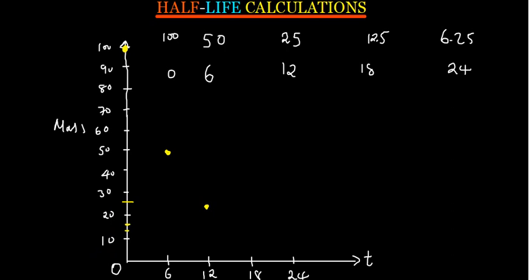So there, 12.5, 18. It will be a bit down here. And then you have 6.25, 24. If this is 10, half is going to give us 5 somewhere here. So just a bit above 5, that is where we're going to find 6.25. So the graph is moving something like this.